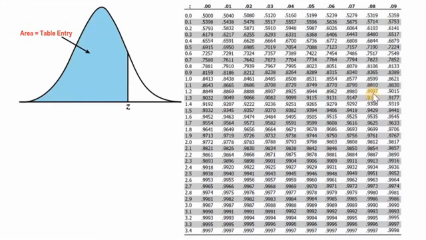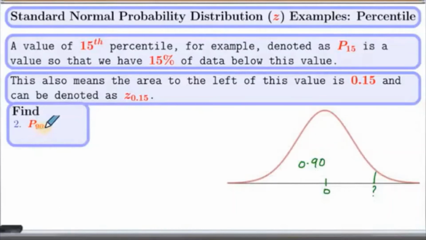So its corresponding z-score is 1.28. Therefore, P90 equals to, let me write that down here, this equals to 1.28. Okay. Basically, this value here is 1.28.